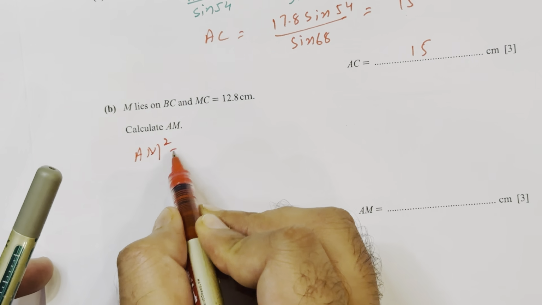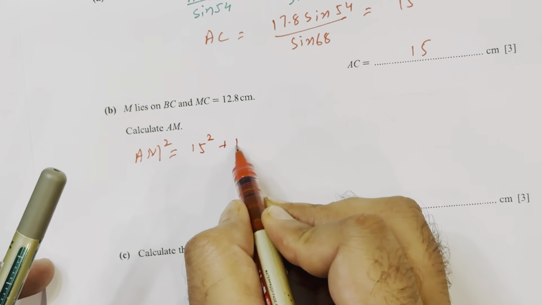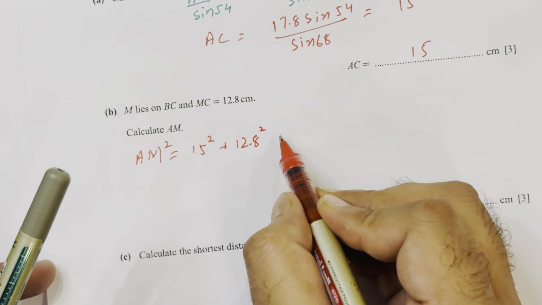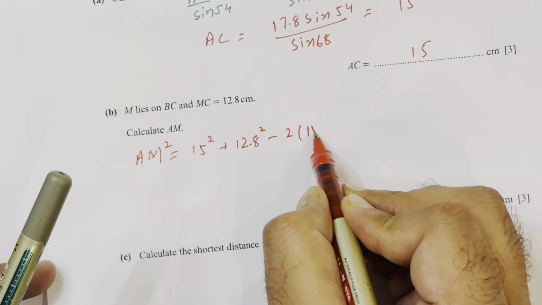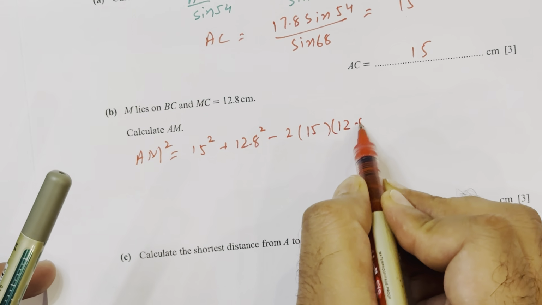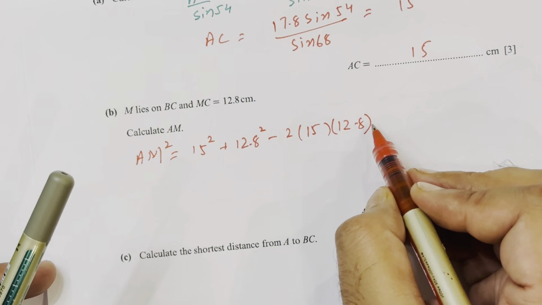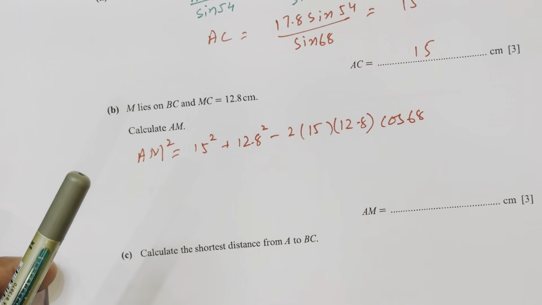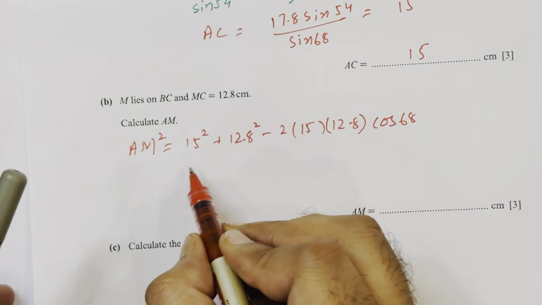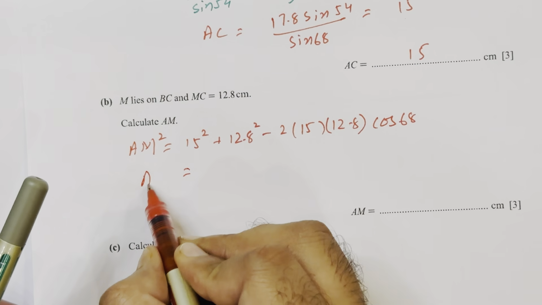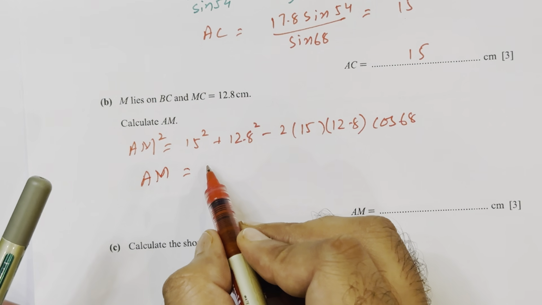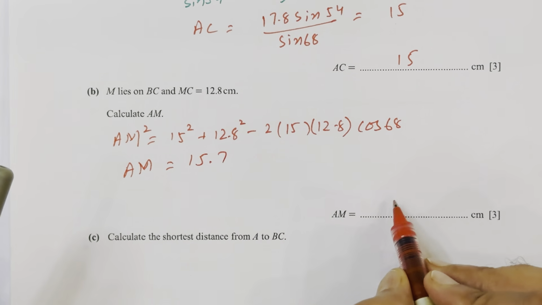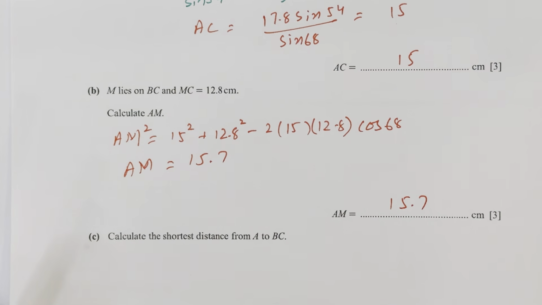AM square is equal to 15 square plus 12.8 square, and the angle between those two sides we also know, that is equal to 68. So we're gonna write cos 68. After solving it, we get the value of AM and take the square root of it as well. It would be equal to 15.7 centimeter.